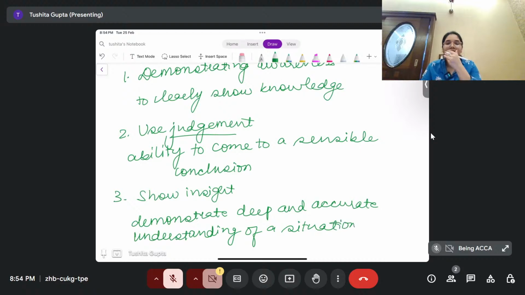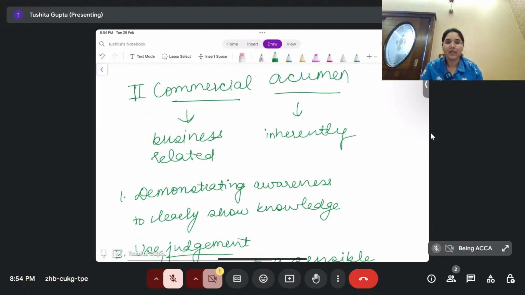So what does this mean? Whatever information is given to you, you have to show that you understand that, and you understand it accurately, so there is no miscommunication. Whatever is given to you, you are able to understand accurately and deeply. That is what is all a part of your commercial acumen.